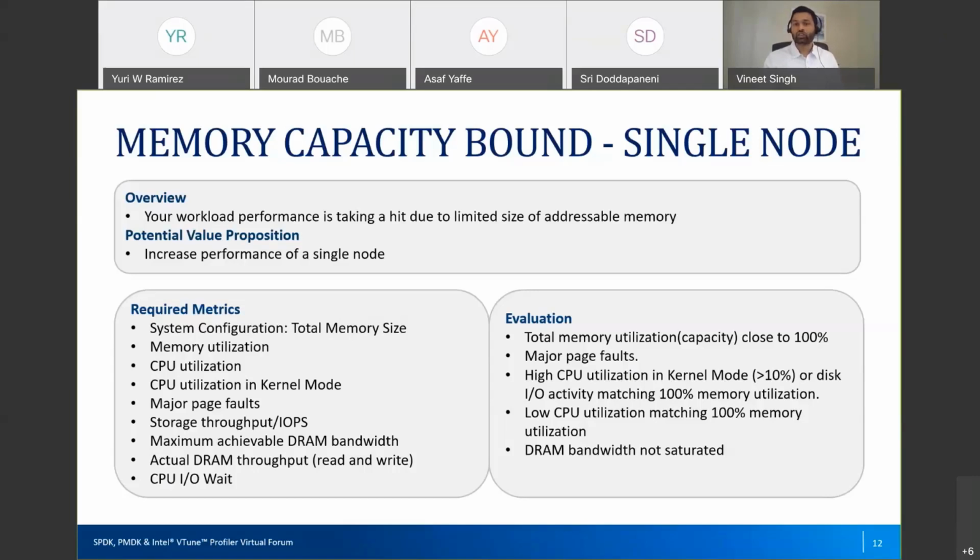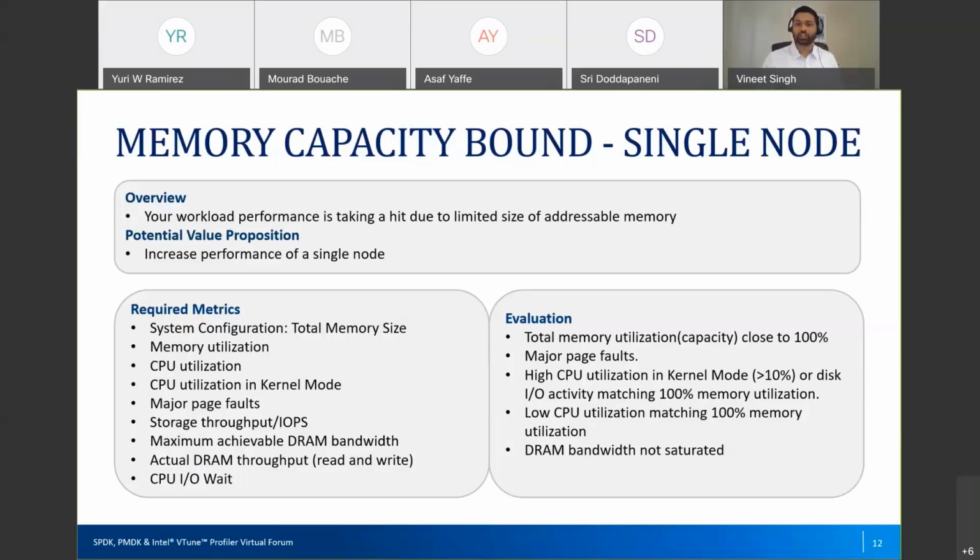Then second, you should have major page faults. If you are starting to swap, you will start seeing major page faults. Disk activity will start happening because you are swapping and using the disk. So you need to correlate wherever there is disk activity or high CPU utilization in kernel mode to high memory utilization. If that's happening, you are swapping to the disk.